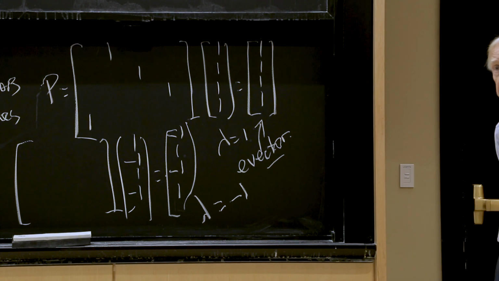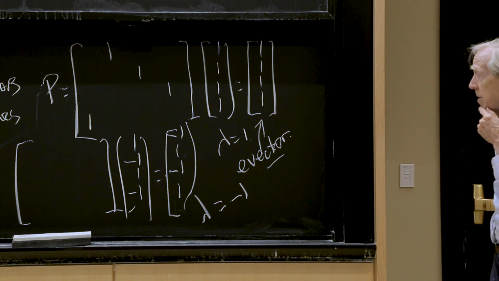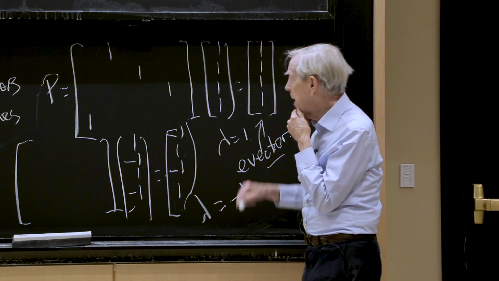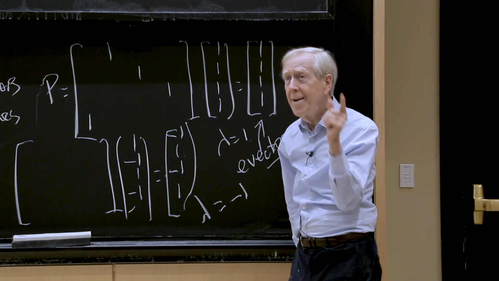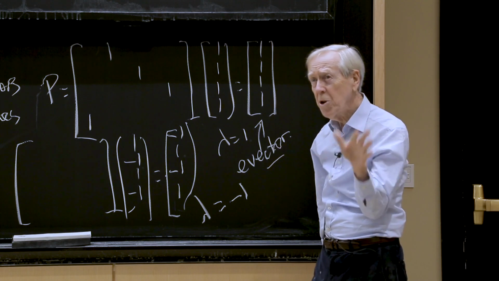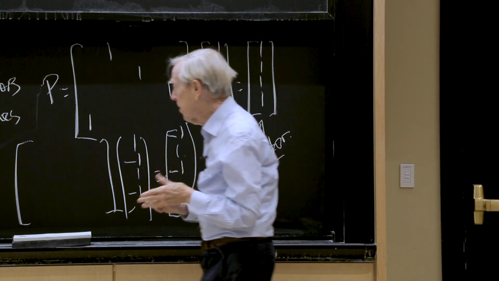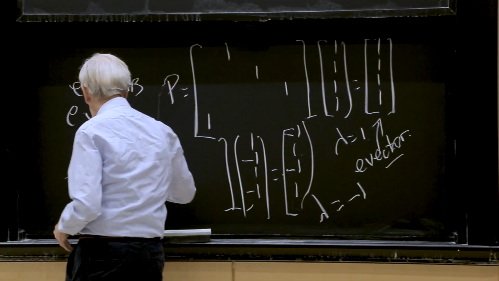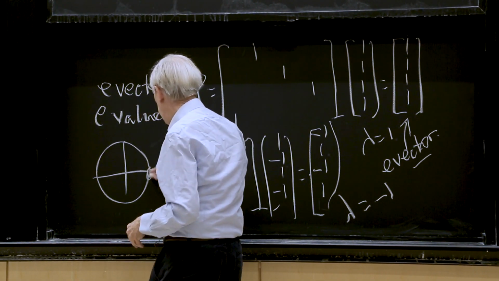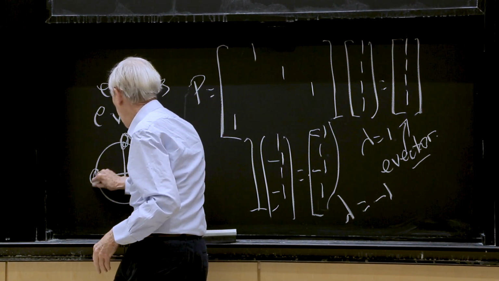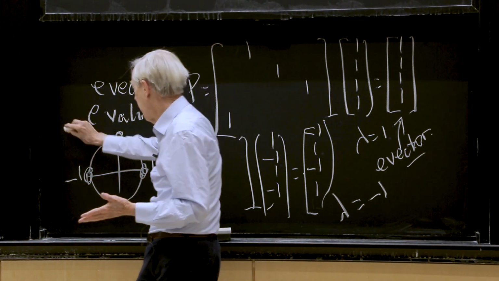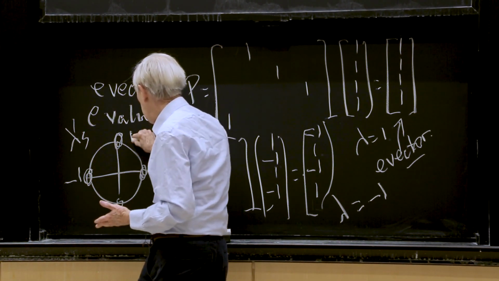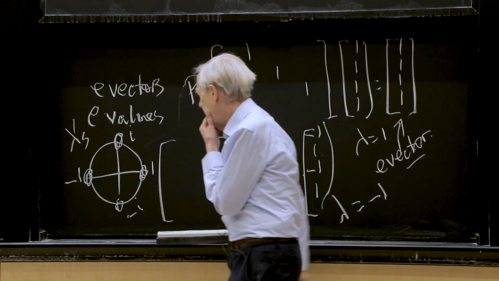So what are the other two eigenvalues of this permutation matrix? 1, that's right. We're in a circulant world. Draw a circle. So the eigenvalues are the 4 roots of 1. Complex. So 1 and minus 1 you got. These are the lambdas. But the other ones are i and minus i.